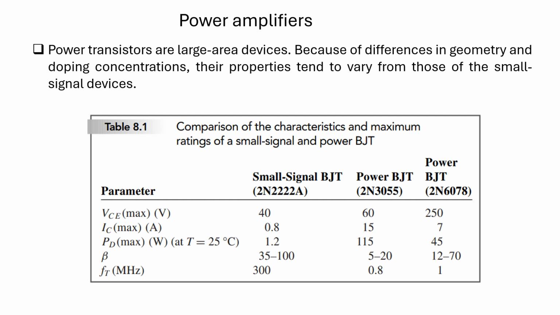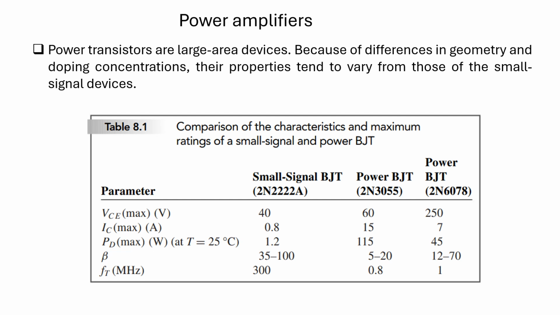So the power transistor, first of all, how will you make it? Definitely it will have a large area compared to the small signal based amplifier. Because of the large area, and the doping concentrations are different, definitely all the properties will be different. So first check these properties and compare with the small signal BJT.